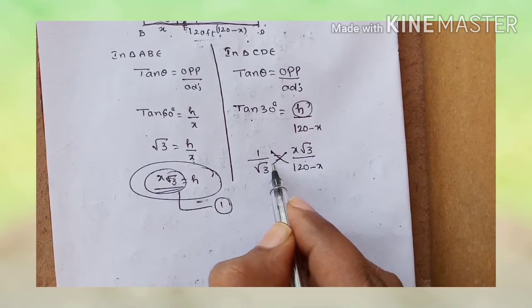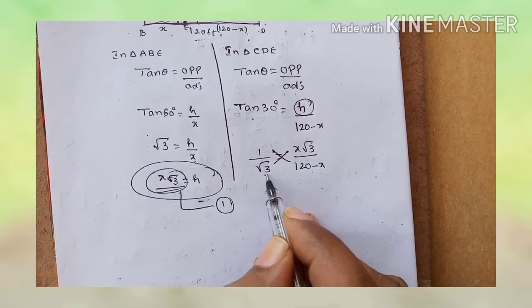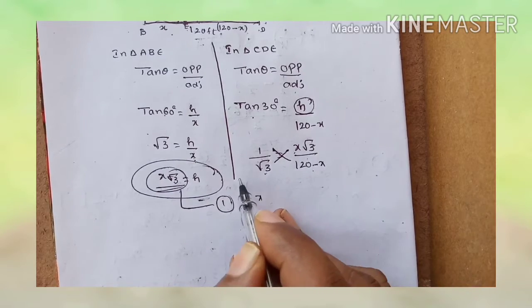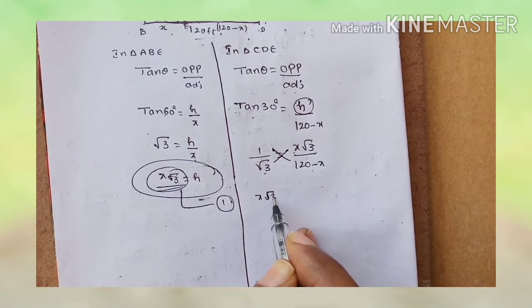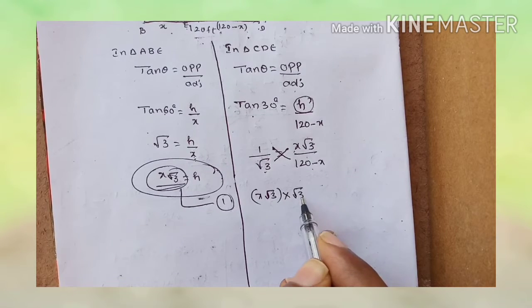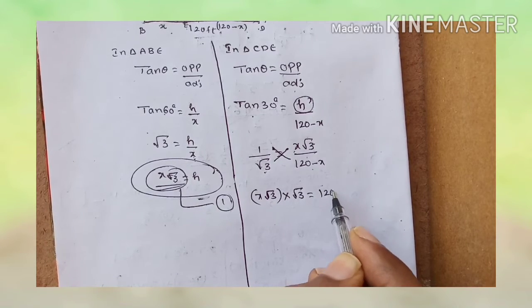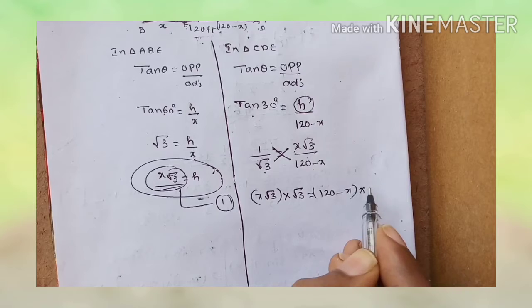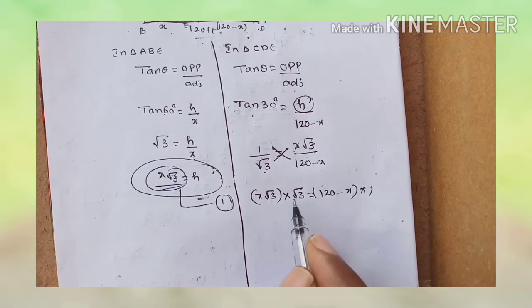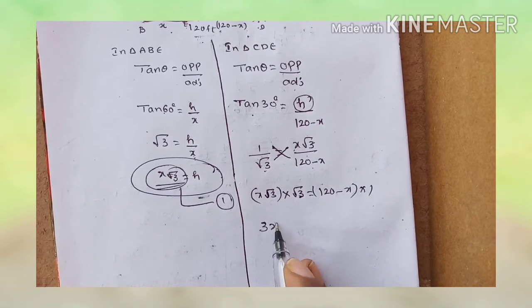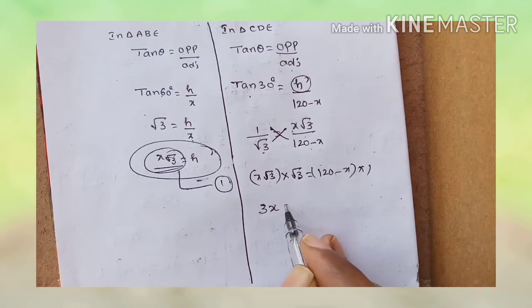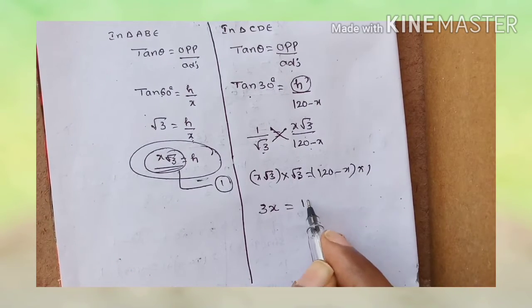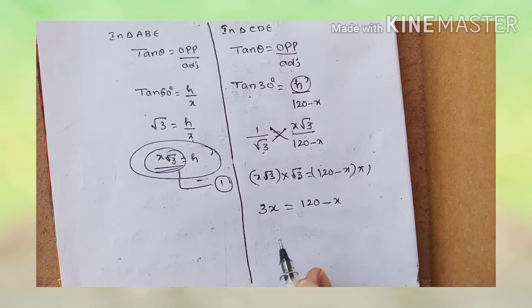Apply cross multiplication. x root 3 into root 3 equals 120 minus x into 1. Now root 3 into root 3 is 3, so 3x equals 120 minus x.